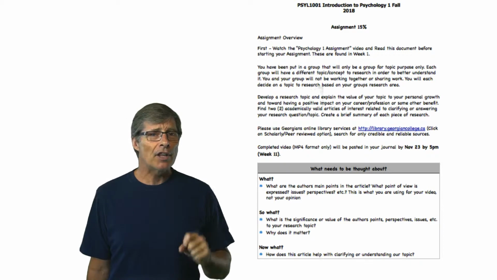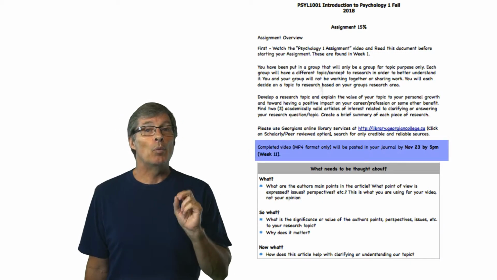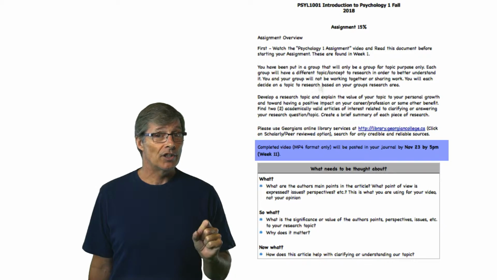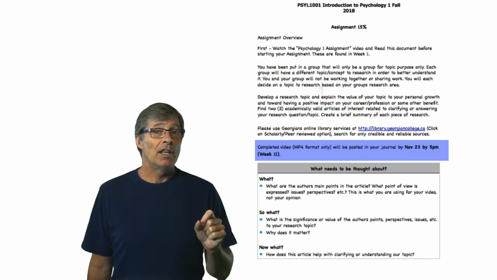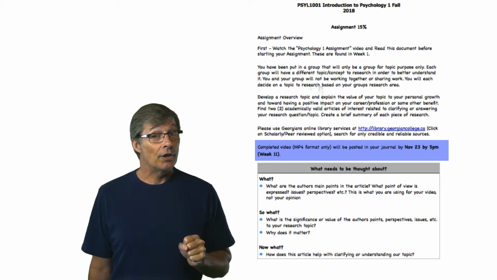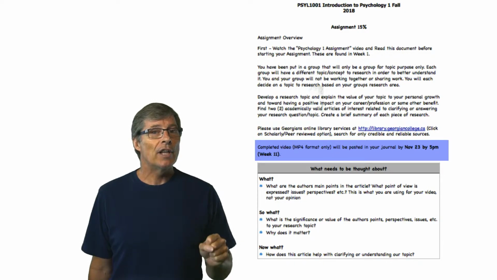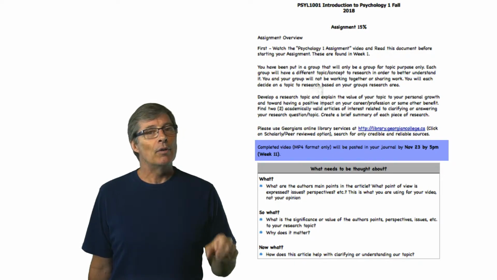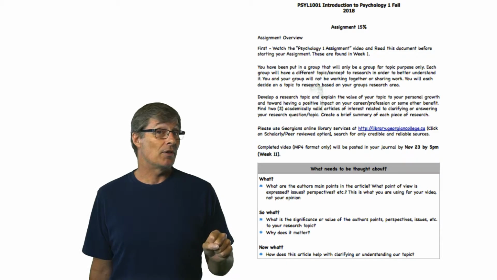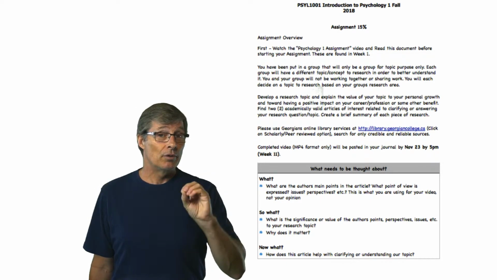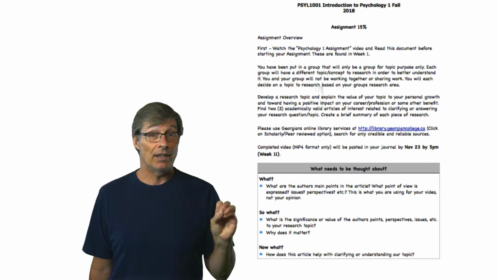This is due on week 11, so check week 11 in your syllabus. It is due on November 23rd, that's a Friday, by no later than 5 p.m. If you go in at 5:30 on November 23rd, that journal for you to post won't be there. You've missed the date.